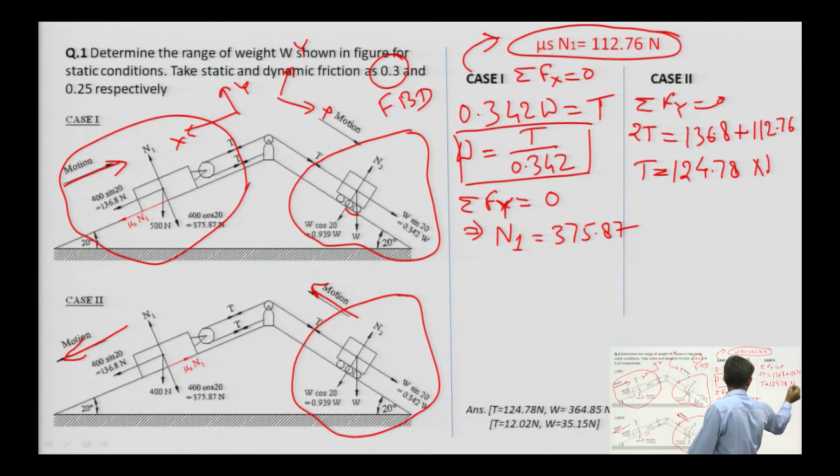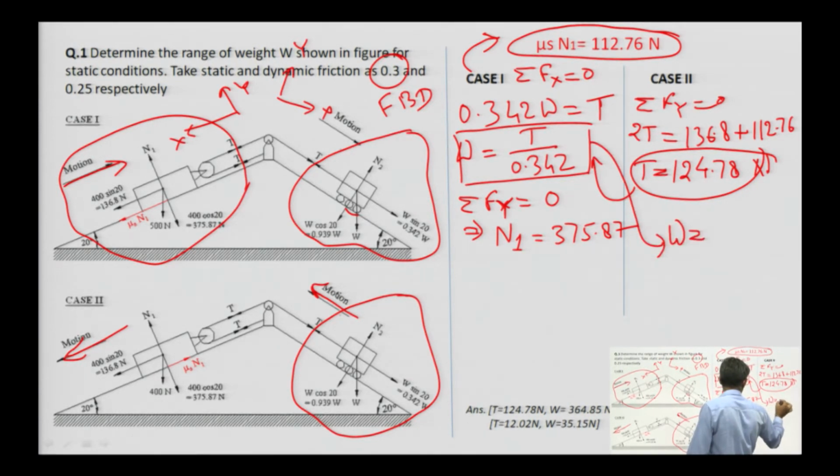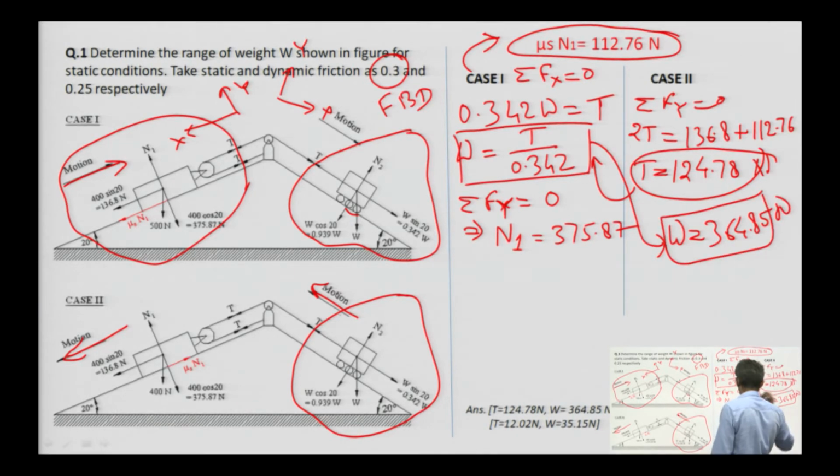By putting this value in this expression, we will get the value of W, and for case 1 it will be 364.85 Newton. So this is the value of W in case 1.